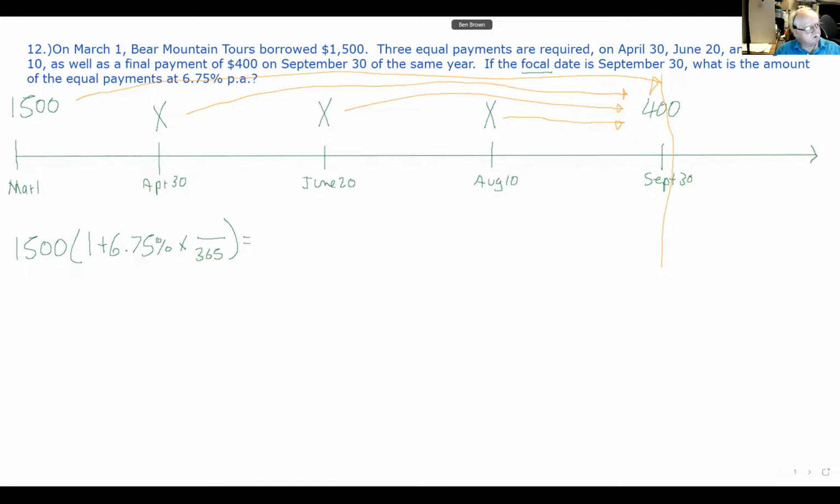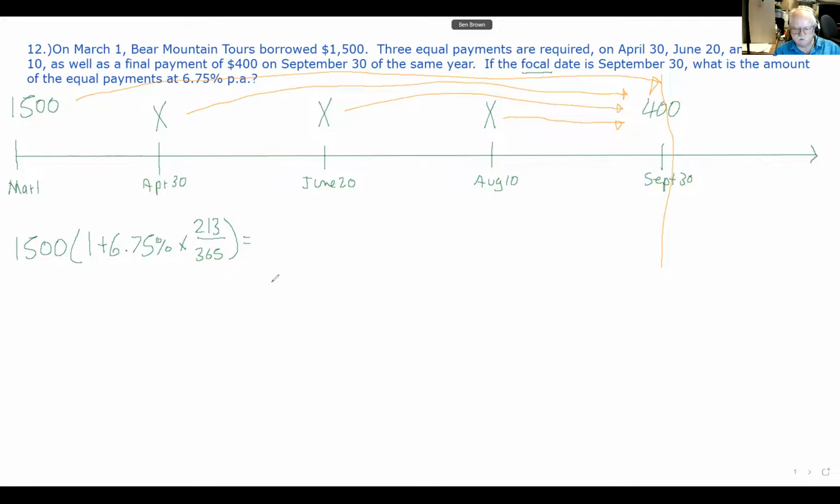So far, I've got 213 days, 60 days, and 218 days. That's wearisome. I'm going to go with 213. I'm going to go with this being 213 days.